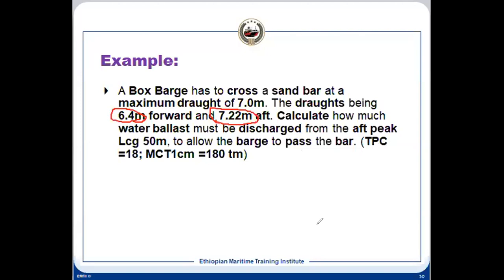From where is it deballasting? It is from the aft peak tank, because aft draft is more than this. The aft peak tank LCG is 50 meter, so that the ship can pass over the bar. TPC is given, and MCT 1 centimeter is given to us.